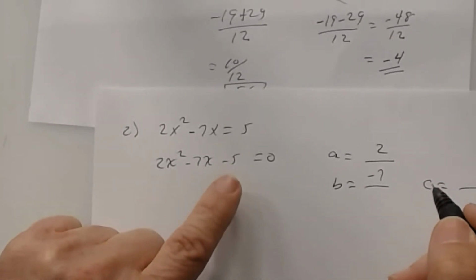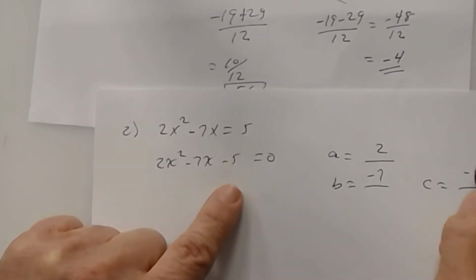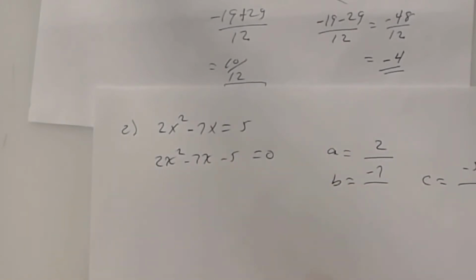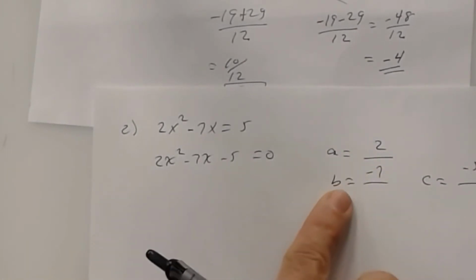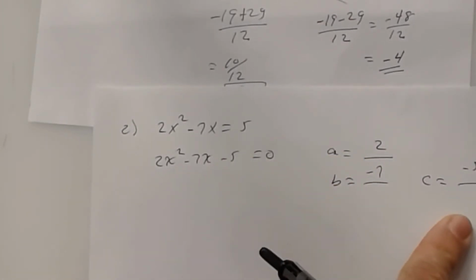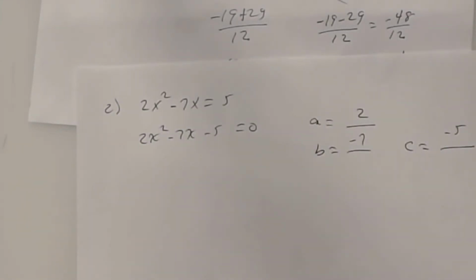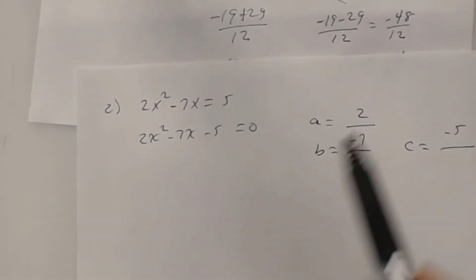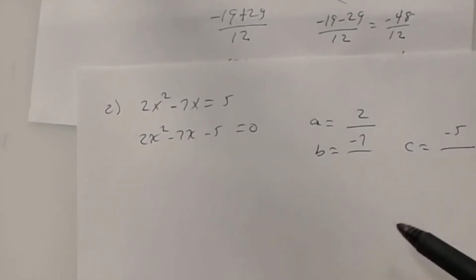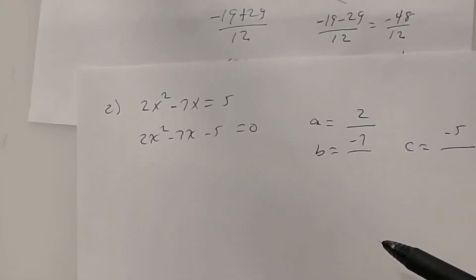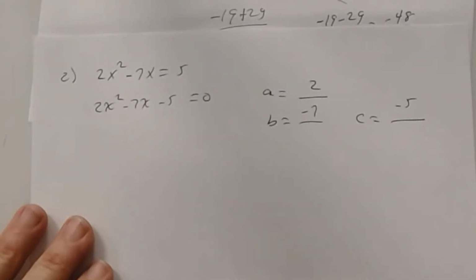What is your constant? Negative 5. So you've got to make sure before you go on and plug that you verified that you have A, B, and C correct. Because if any one of those is incorrect, then your answer is going to be wrong. So make sure you verify that those 3 things are correct. Are you sure that A, B, and C are correct? Okay. All right, so they are.